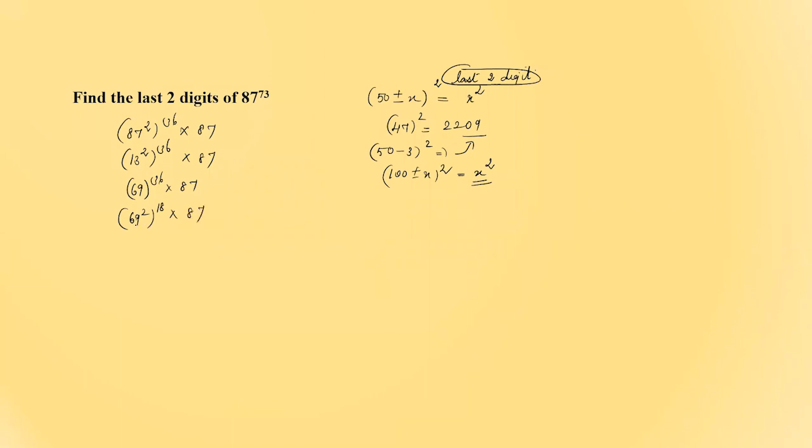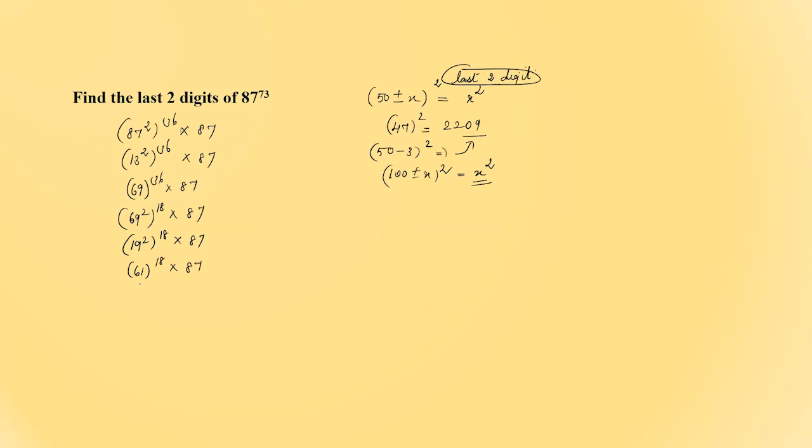So 69 is 50 plus 19, which gives the same as 19 square. What would be the last two digits of 19 square? 19 square is 361. So 61 whole power 18 into 87.